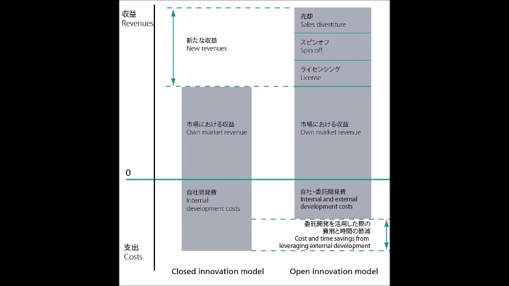So this means you try to spin out some of your products or some of your technology. You make some sales divestitures or you license your technology out. So the key idea is lower your cost and expand your markets by collaboration. And I think this is a really reasonable way to be more successful, right?